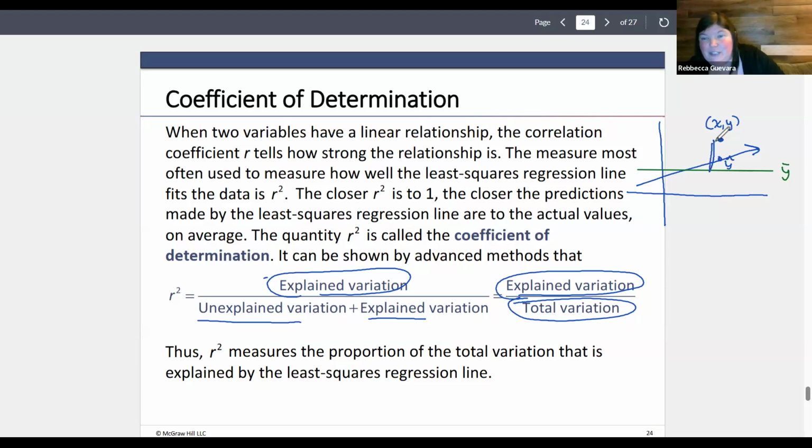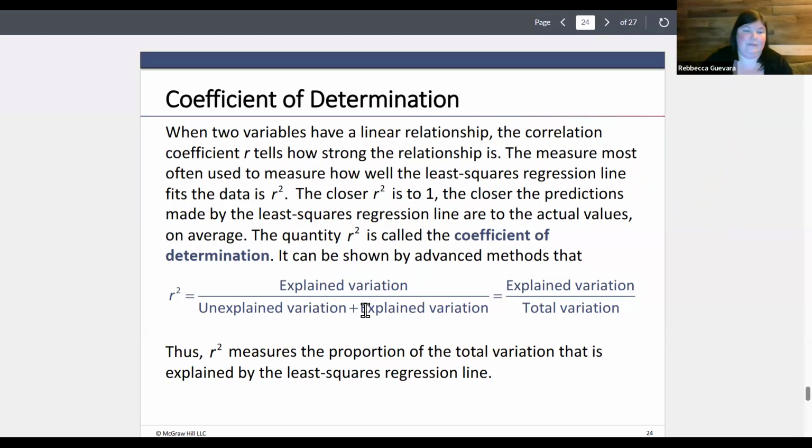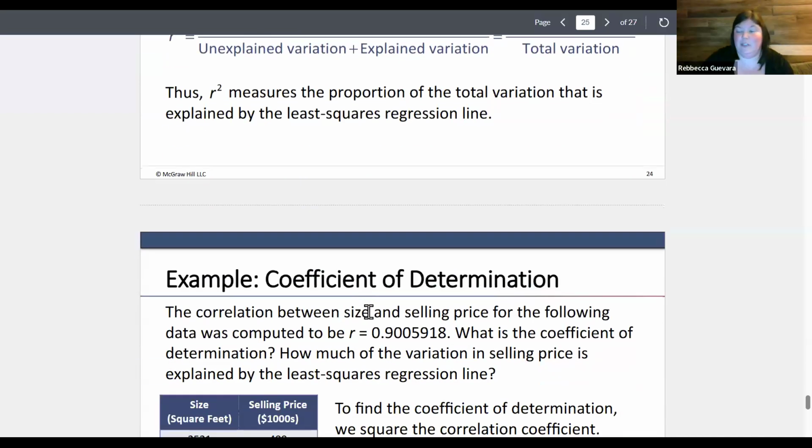And this difference here, the part that we see here in the bottom, this part is going to come from your R squared. So it's going to be kind of like looking at all those differences and sort of averaging it out. So it's going to tell us how much of the explained variation is involved in our data.